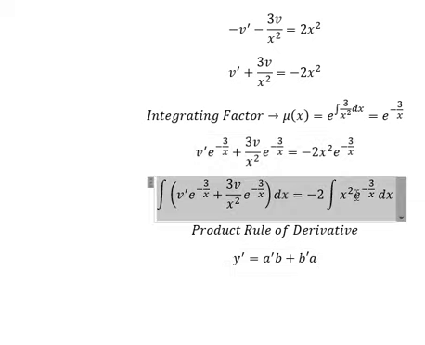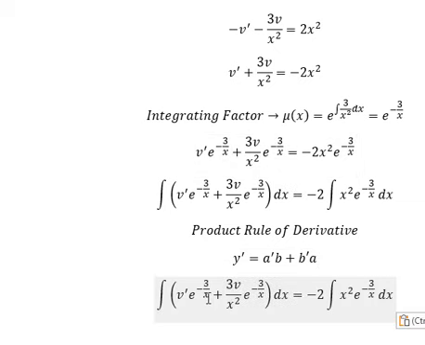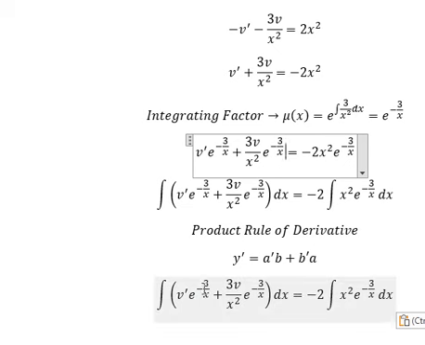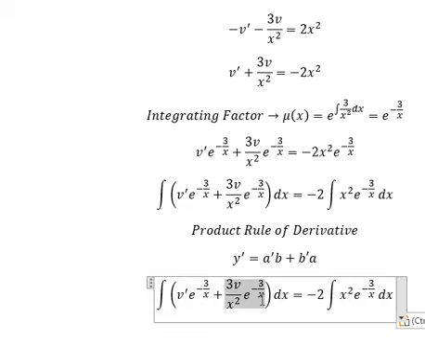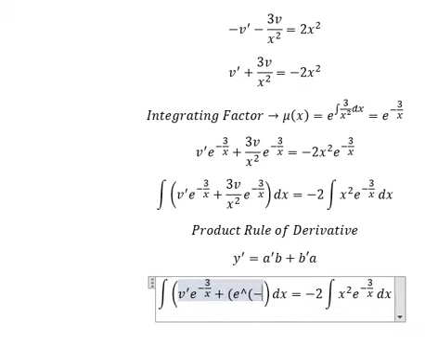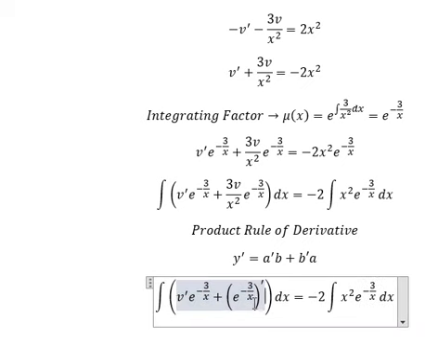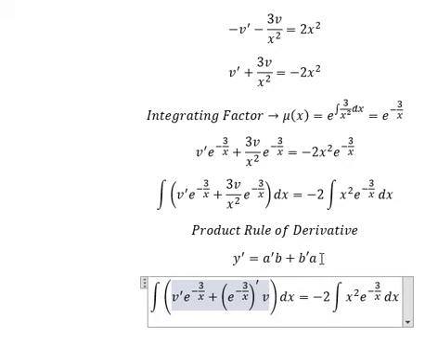So if we look carefully, this is first derivative of a multiplied by b. This one is first derivative of e to the power of negative 3 over s. And that is first derivative of b multiplied by a. That's v in here.